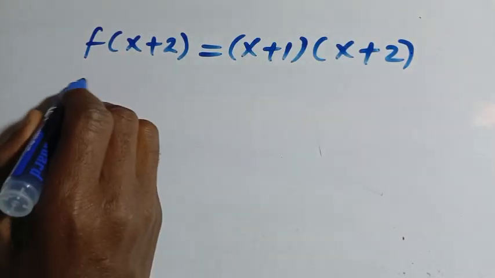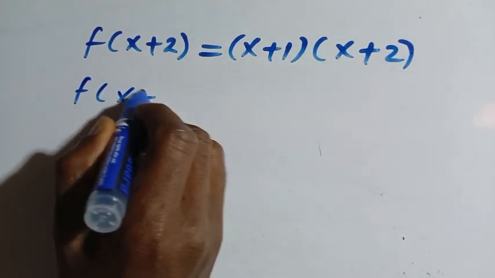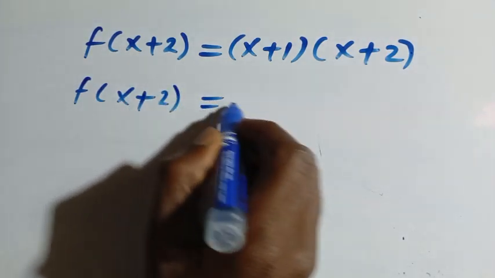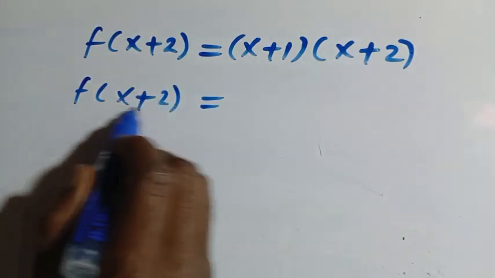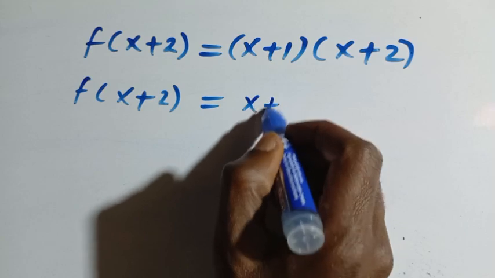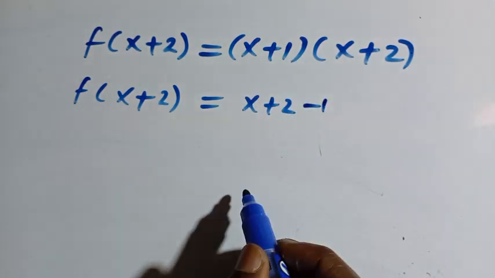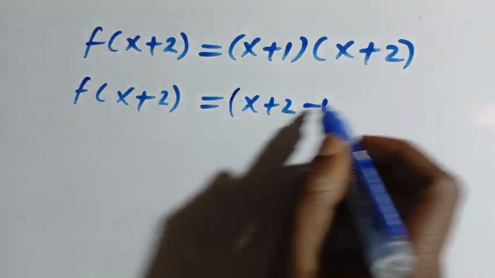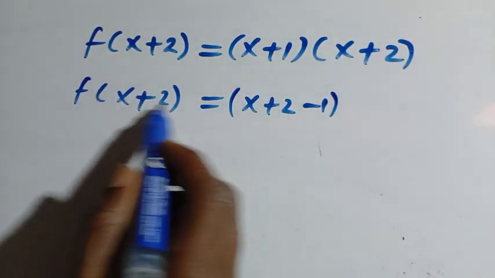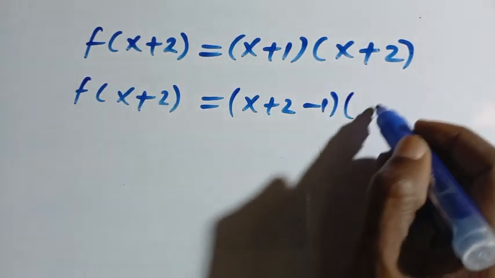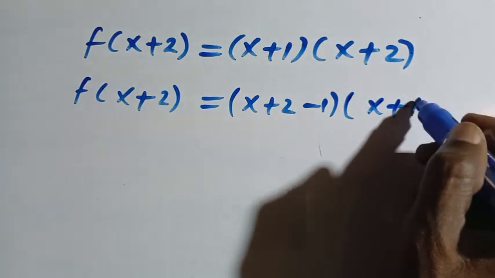So if I write this as f of x plus 2 equals, suppose what I need is x plus 2, and if I write this as x plus 2, then I have to subtract 1 from here. So if I subtract 1, it means this is still our x plus 1. Then multiply by x plus 2.